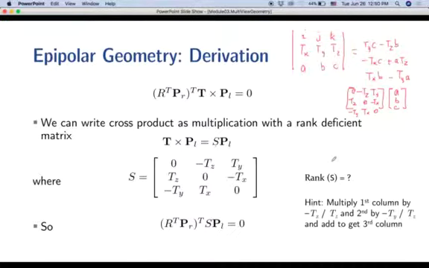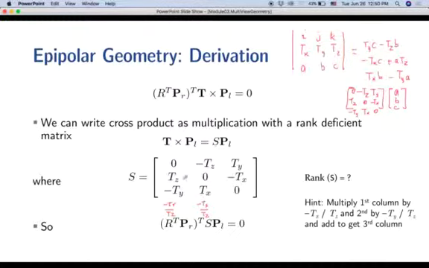Yes, yes. Okay, so here's the hint, right? What if I multiply the first column by minus Tx over Tz, and I multiply the second column by minus Ty over Tz, and then I add them up? I actually get the third column, right? Because what will happen? 0 plus, I will get minus Tz over Tz minus Ty, so I get Ty, but the minus cancels and the Tz over Tz cancel, right?